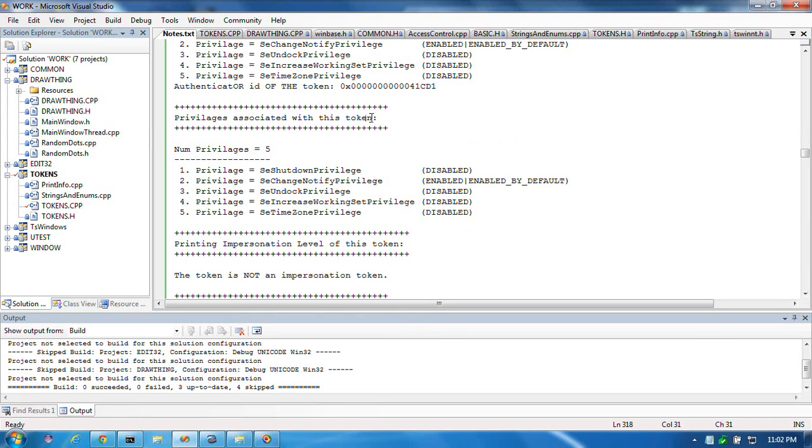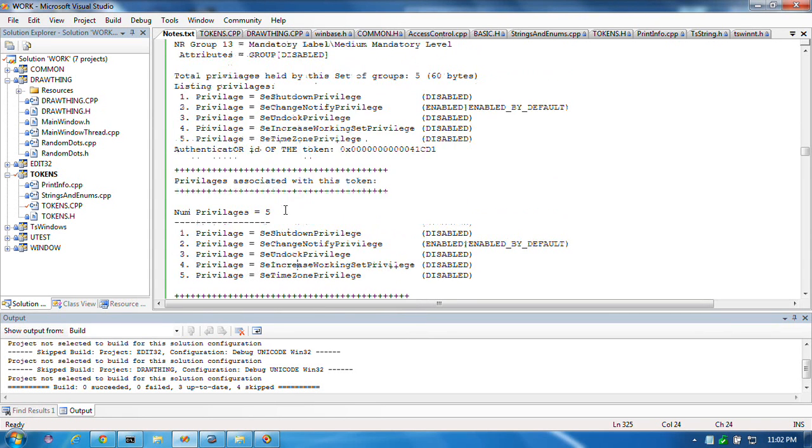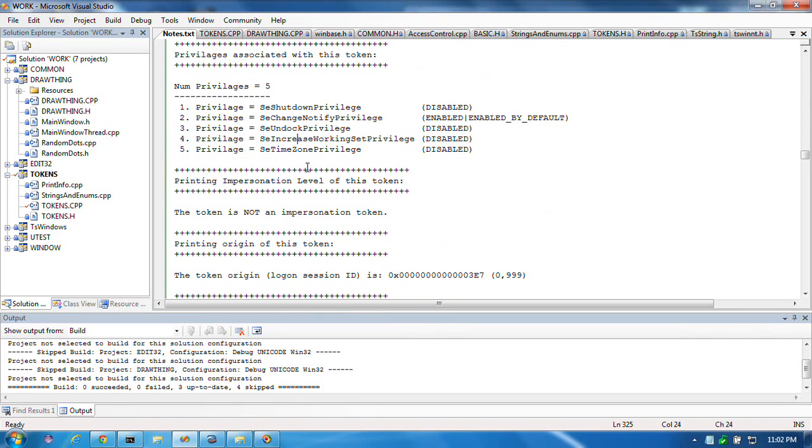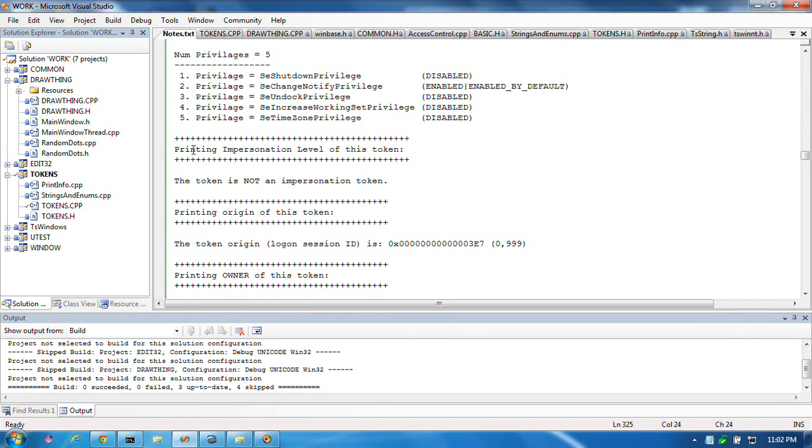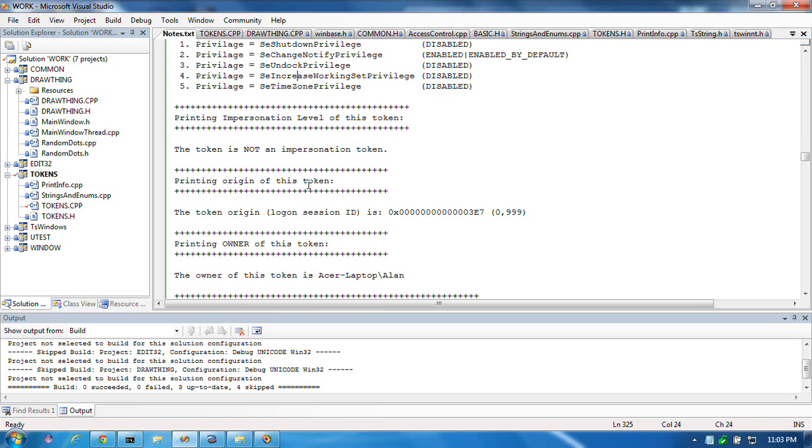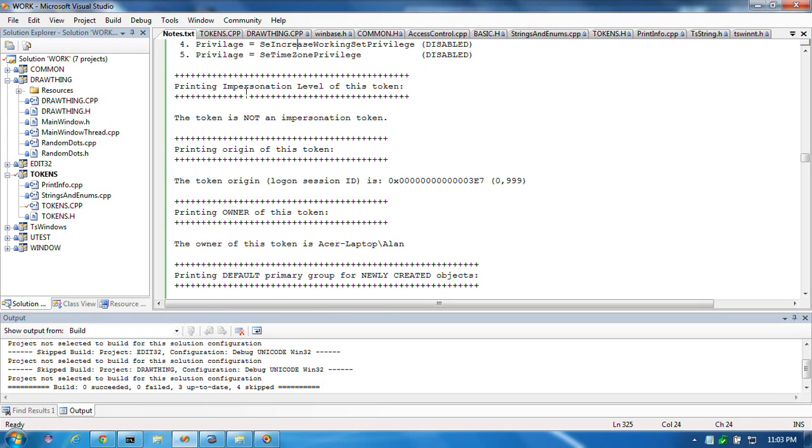Okay, and so that also means that one could skip printing this number 5 because it's summarized in number 4, but whatever. Now, the token I found out is not an impersonation token. This word printing means the program is printing the origin.